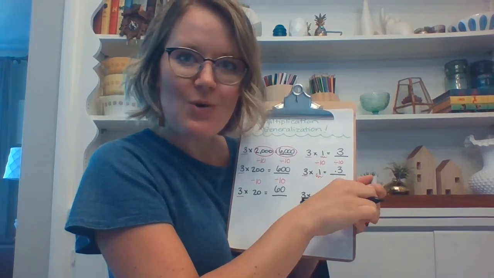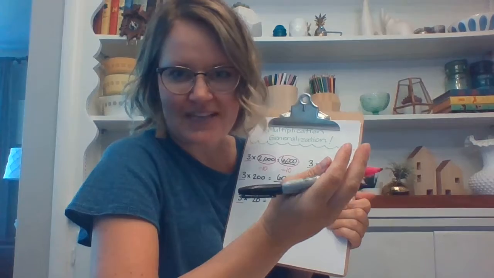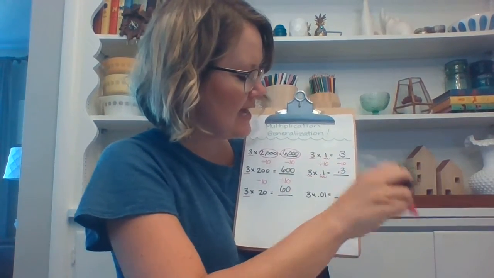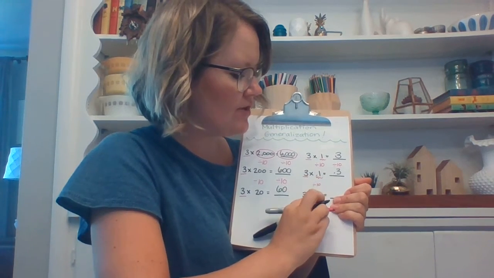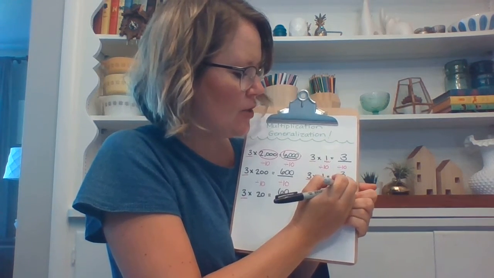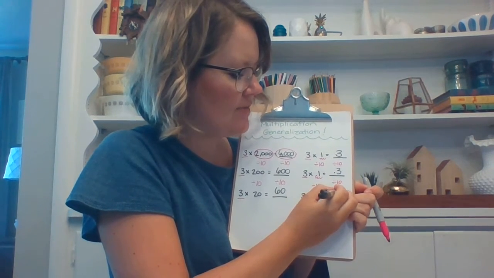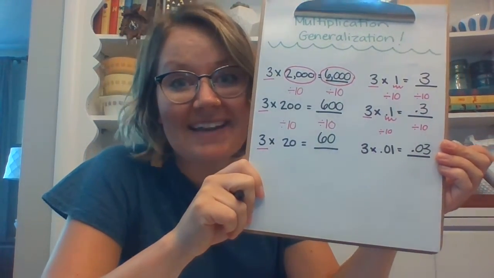Remember, it just shifts over on the place value. Think about that place value wall that we have in class. All right, and then again, if the 1/10 shifts over one place to become 1/100th, it's dividing by 10, which means we're going to divide our product by 10, and it becomes 3/100ths.